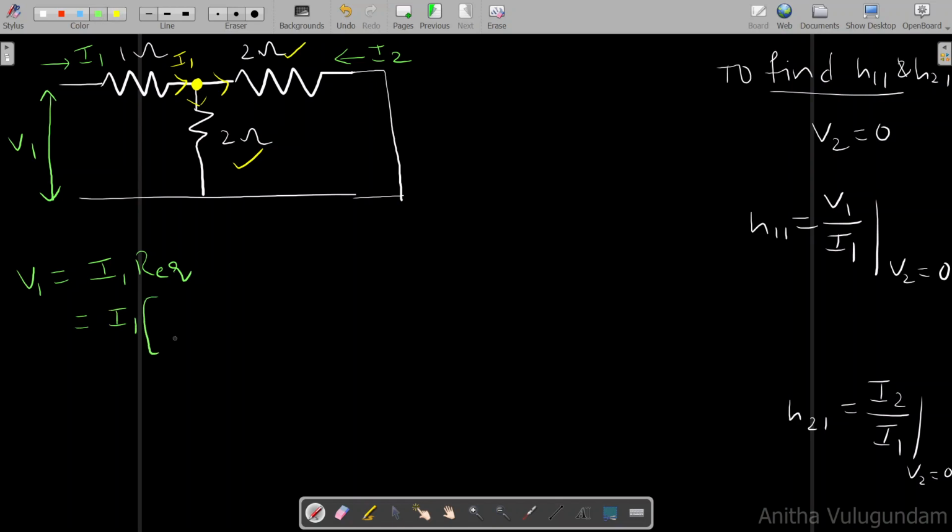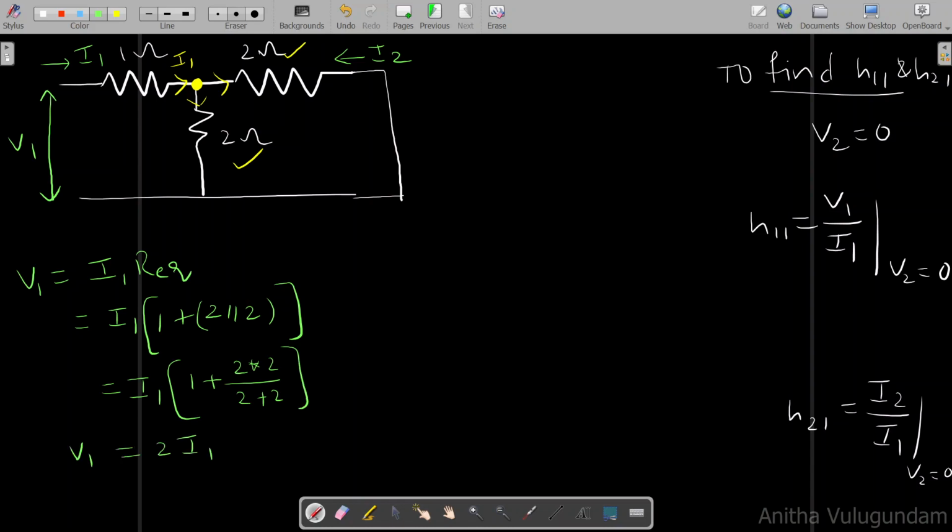So we can write I1 into 2 parallel to 2 plus 1, which is equal to 1 plus 2 into 2 divided by 2 plus 2, 4 by 4, 1. 1 plus 1, 2. So V1 equal to 2I1. H11 equal to V1 by I1, which is equal to 2 ohms.